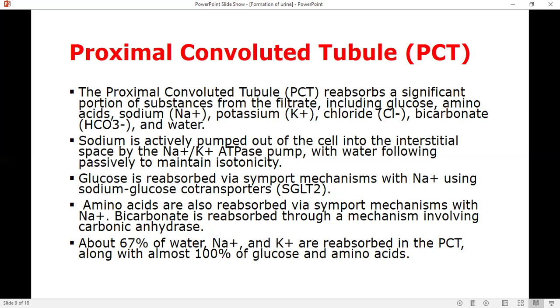I've written the percentage of how some substances get reabsorbed. A lot of water in the proximal convoluted tube gets reabsorbed, along with almost 100% of glucose. Glucose needs to be reabsorbed back into the system. Otherwise, if you have glucose in urine, that's a condition.